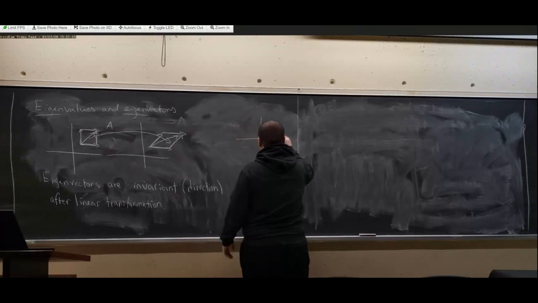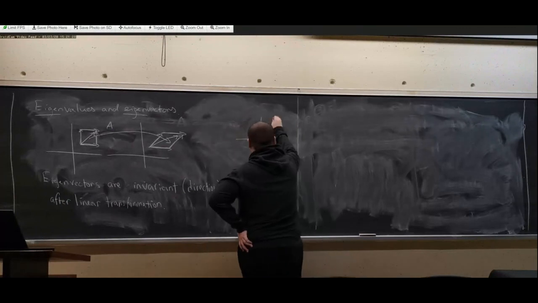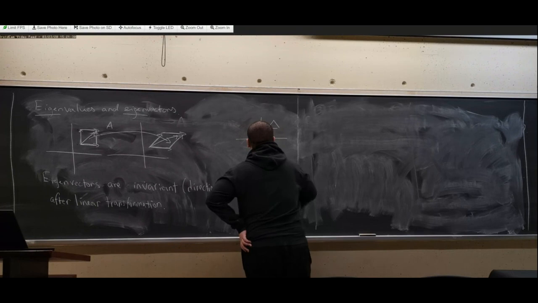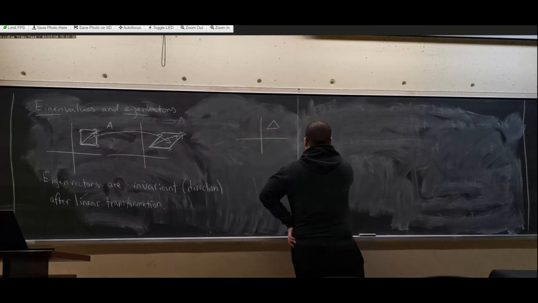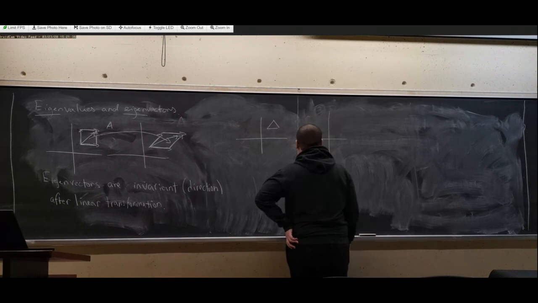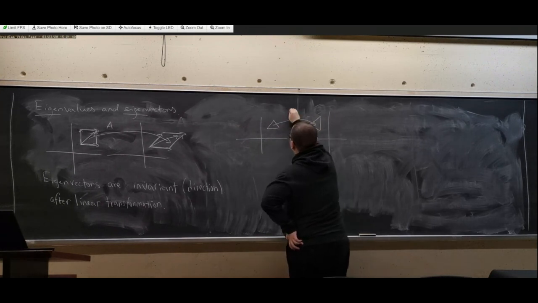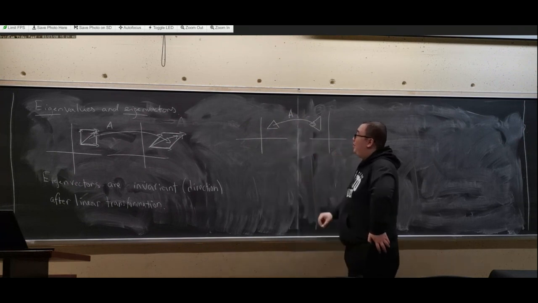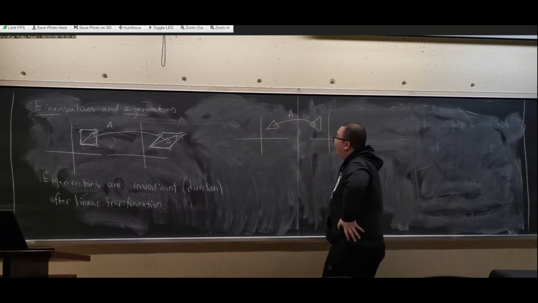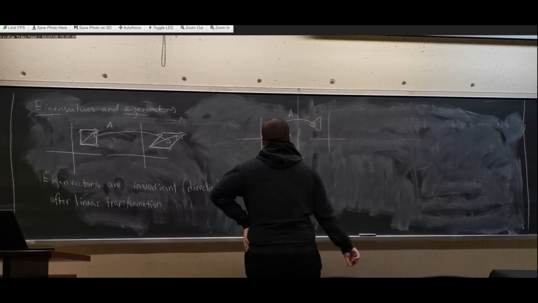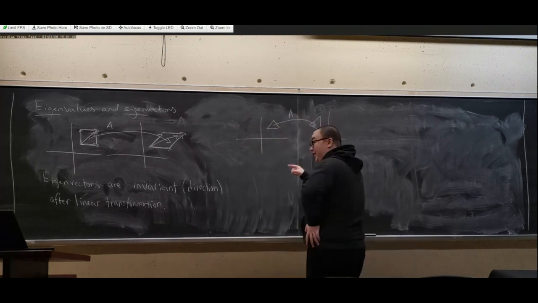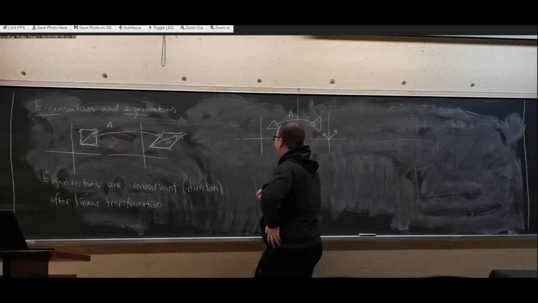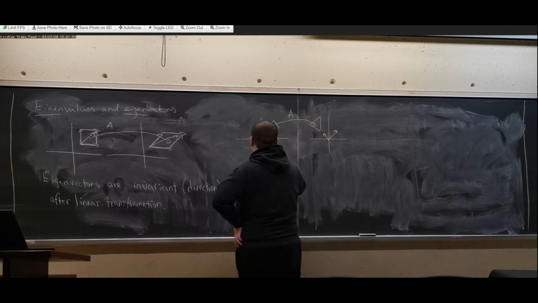So for example, if I have a triangle and I apply a linear transformation, but my linear transformation is a rotation. What do you remember about the rotational matrices? They're beautiful, aren't they? Then obviously every single one of these vectors is going to change directions.